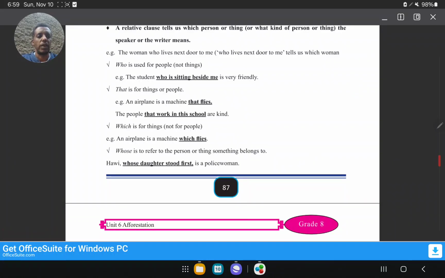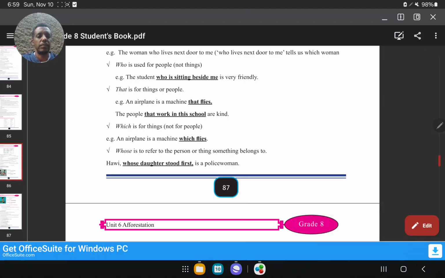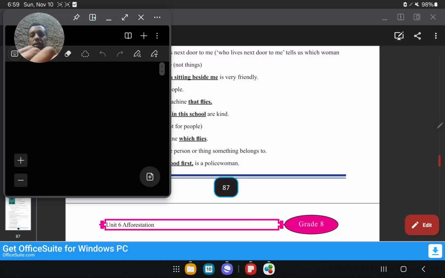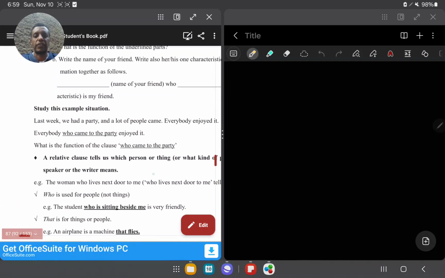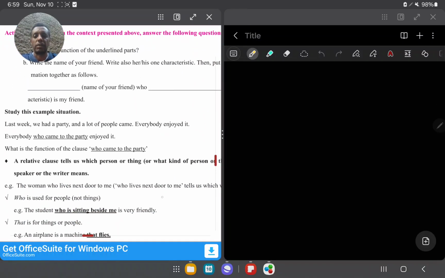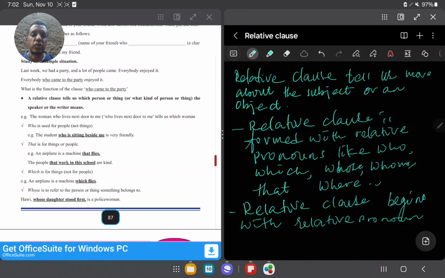So you can follow carefully, students. Here is a note. I'll give you some brief on the relative clause now. As you see, students, a relative clause tells us more about the subject or an object. When we use 2 sentences together in a relative clause, we use a relative pronoun.